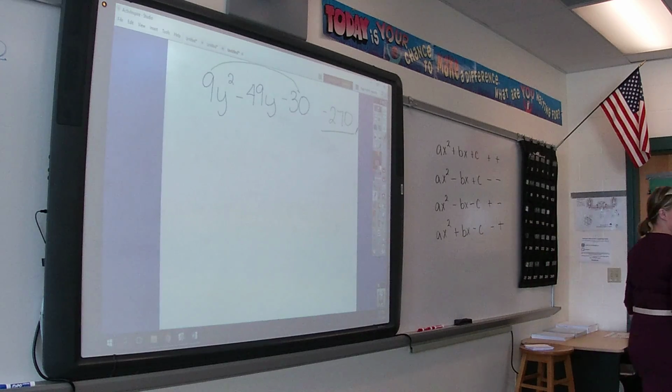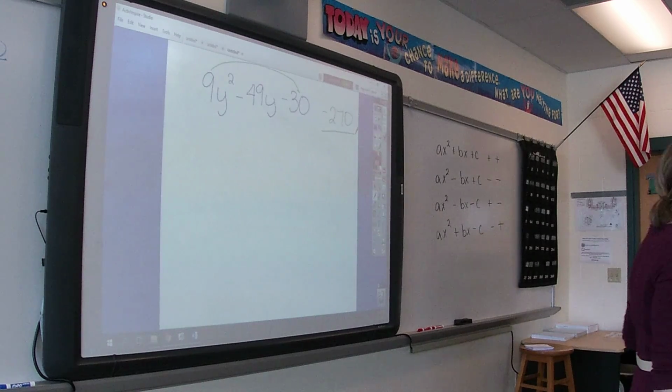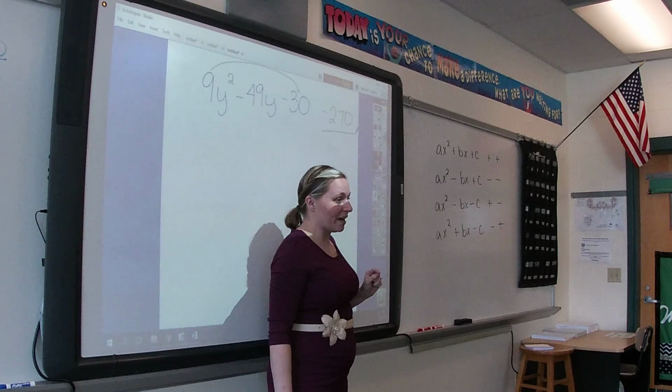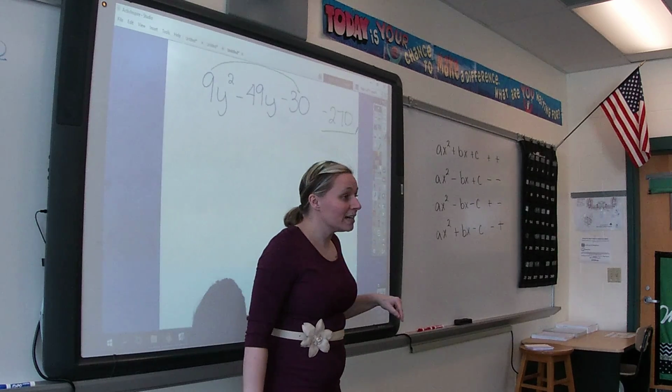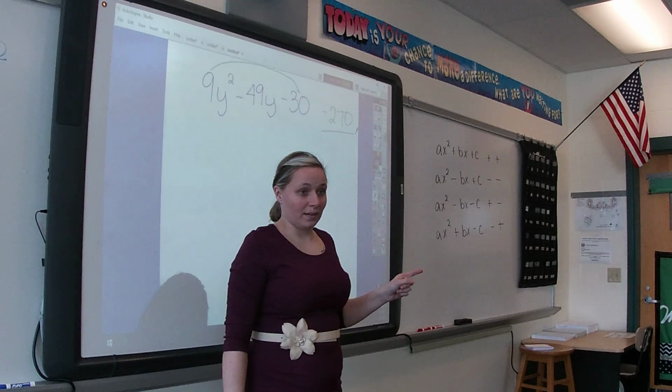Negative 270. What types of numbers multiply up to a negative? One negative and one positive. Now this is a pain in the rear because that means I can list 1 times negative 270 and negative 1 times positive 270.